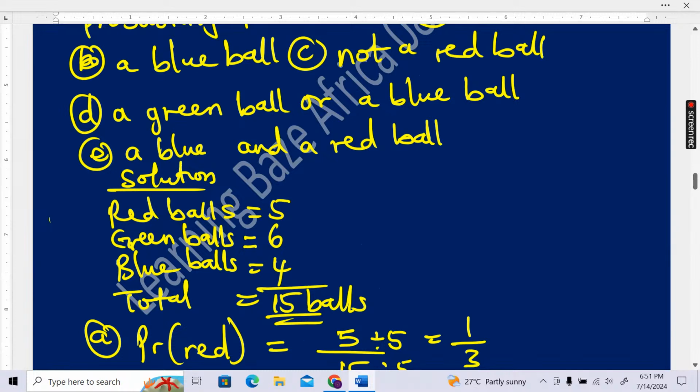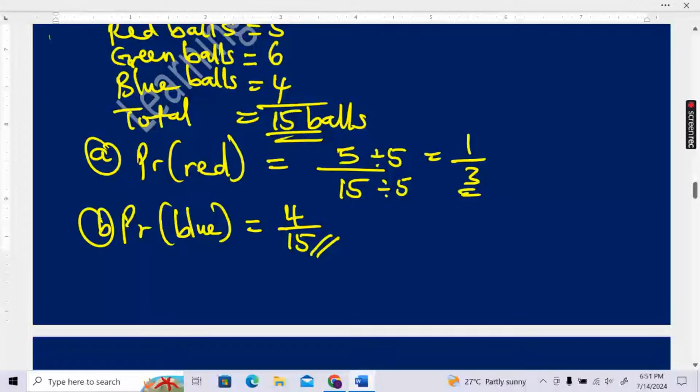Now, what's the probability that it is not a red ball? Anytime you see not, just subtract the probability of that outcome from 1.